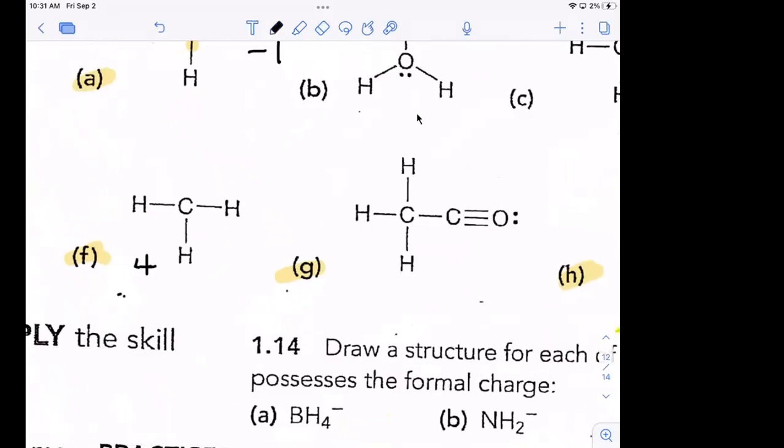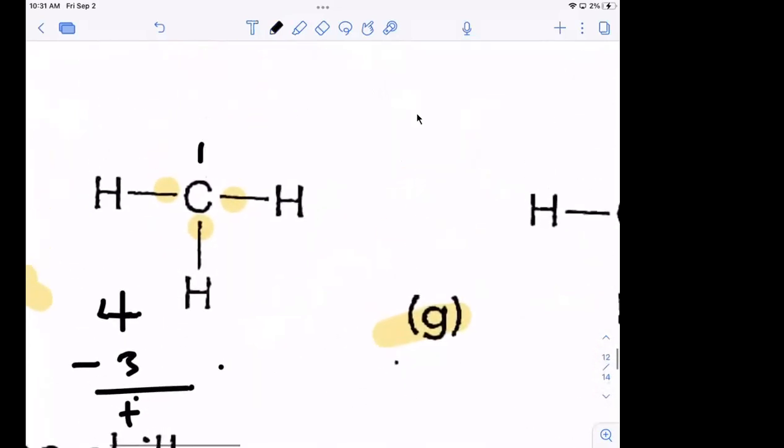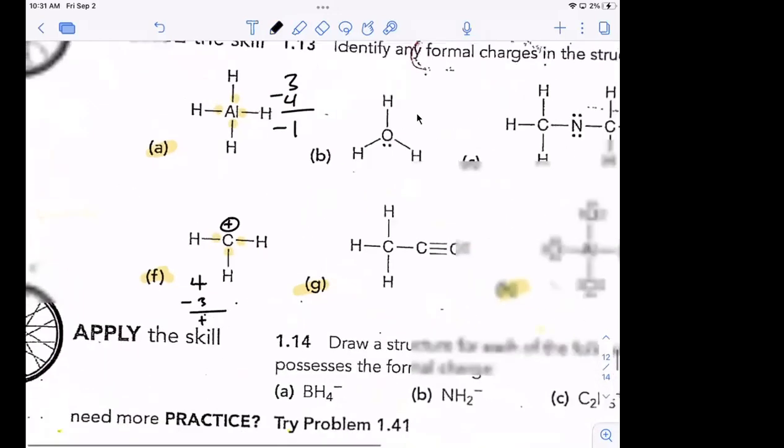How many around it? 3. Good. You've got 3 electrons around it. So 4 minus 3 is going to be +1. So that carbon is going to have a positive charge.